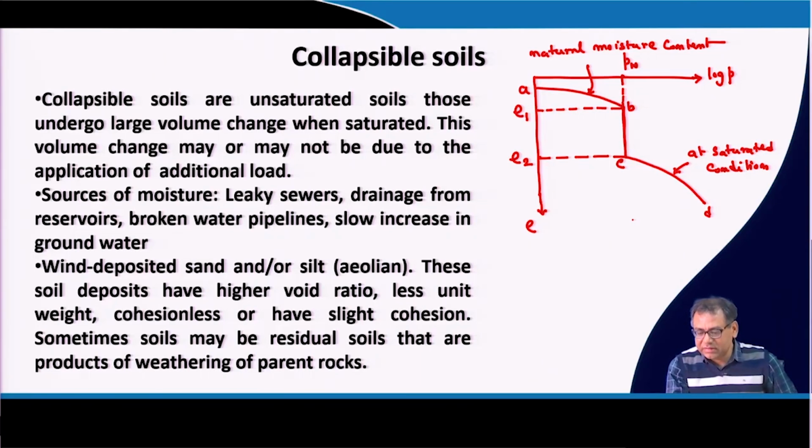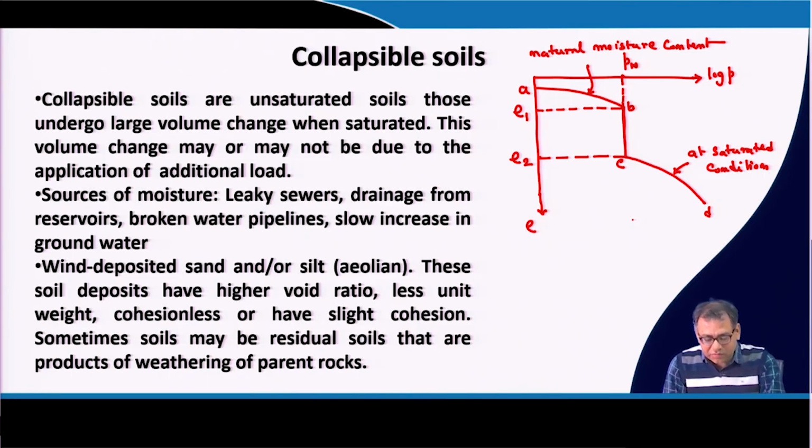So, this type of soil behavior is called the collapsible soil, and we have to design foundation for this type of soil. Now, where is the source of moisture, because we know the soil is at natural moisture content condition. Now, if suddenly the moisture content in the soil increases and soil becomes saturated, then it will collapse. What are the sources of this moisture?